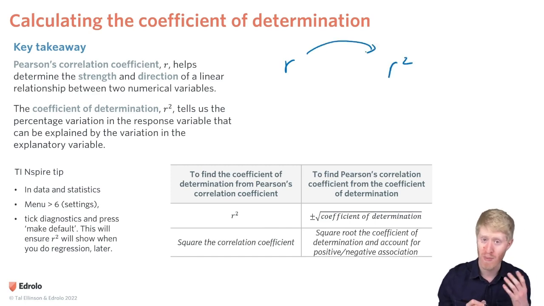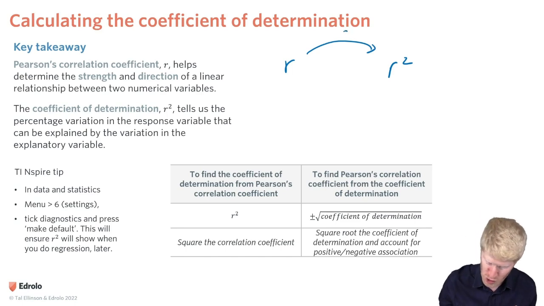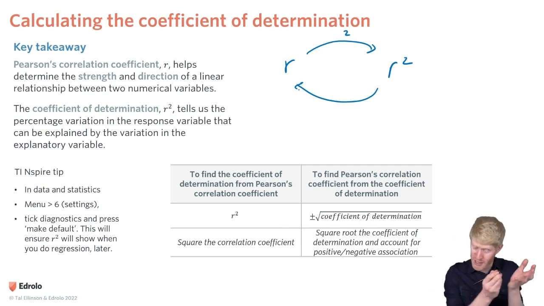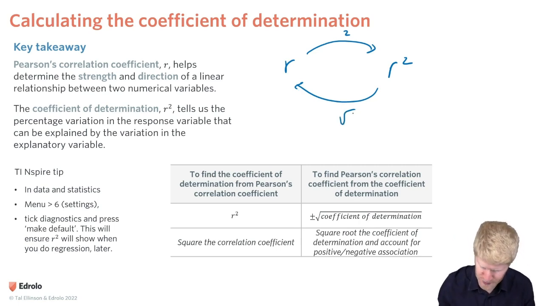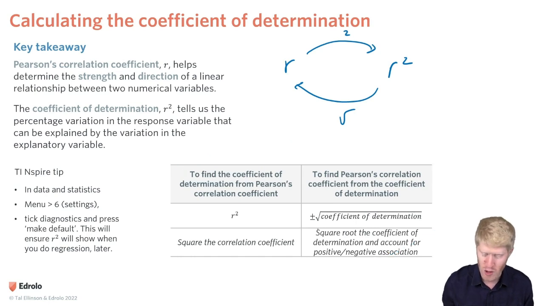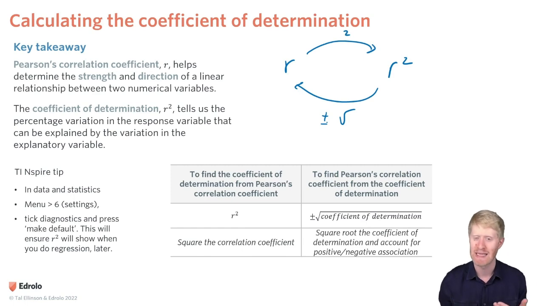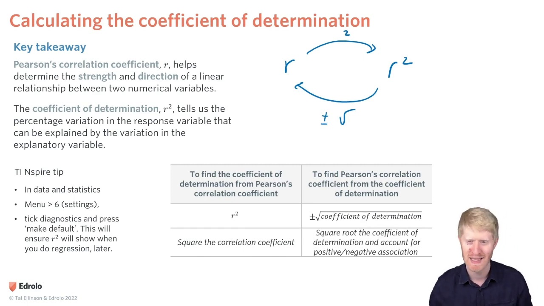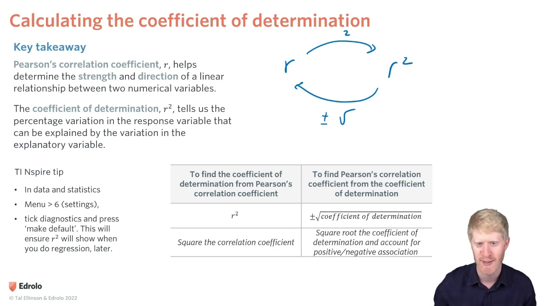The way you go from Pearson's to the determination is that you square, and the way that you go backwards, if you have the coefficient of determination to Pearson's, you square root. But as I've pointed out in our little summary table down here, when you square root, you might need to take the negative value if you had a negative association. Am I making any sense? Let's see in the worked example how it plays out in practice.